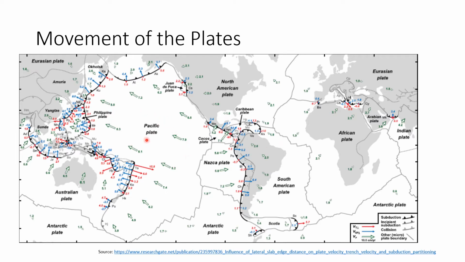Okay, let's talk about these green vector arrows here, and we're going to talk about movement of these plates. For this one, I'm going to focus on the Pacific plate and the Nazca plate right here, and look at the fact that the Nazca plate is going east, while the Pacific plate is moving away west, or really west-northwest, but basically apart from each other.